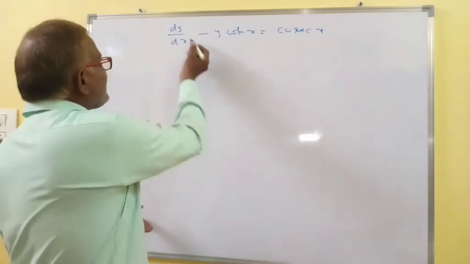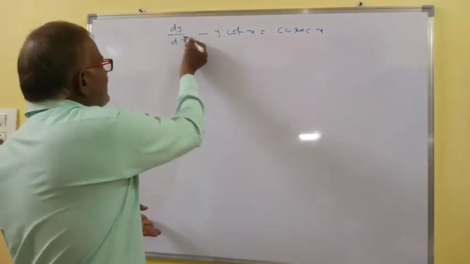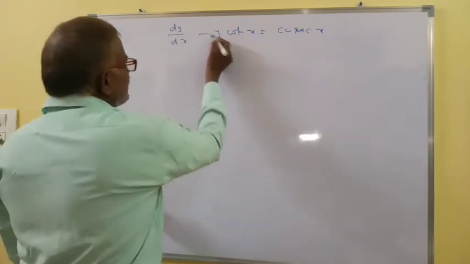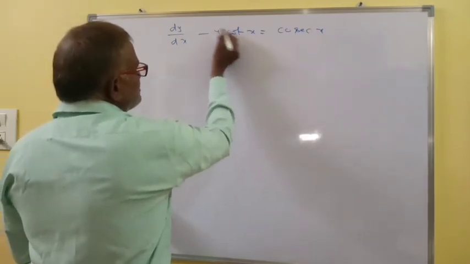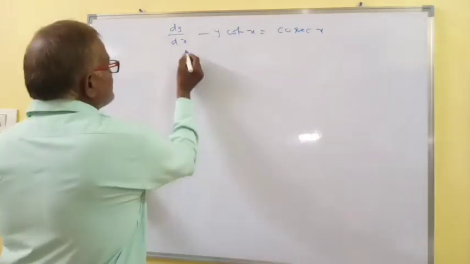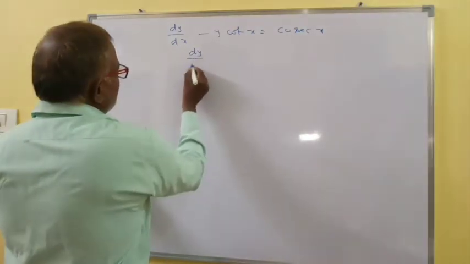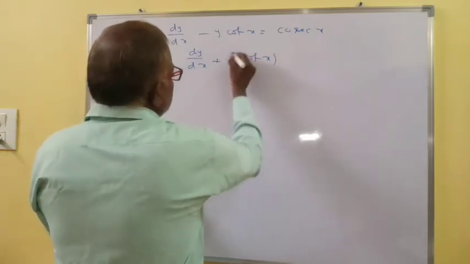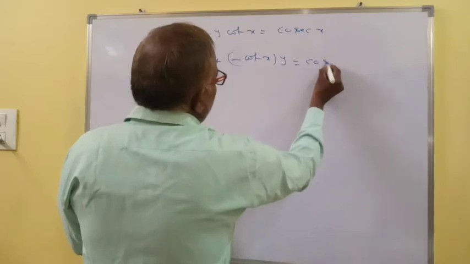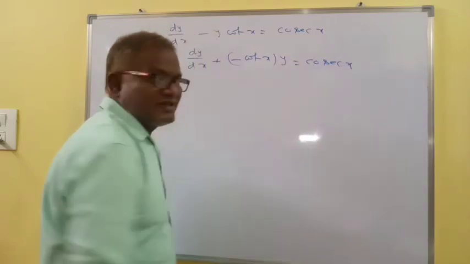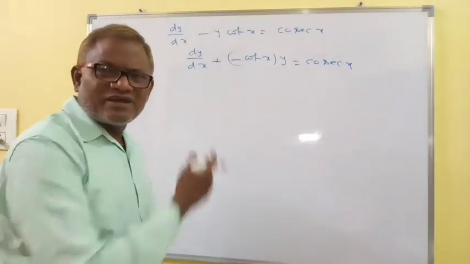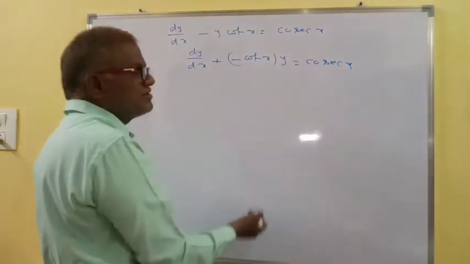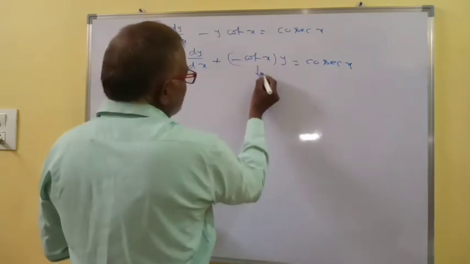Here clearly the given equation is directly expressed in the form of dy by dx plus Py is equal to Q. Here minus cot x is nothing but P, because you should write one more step like this. Clearly, by observing the given DE, we obtain dy by dx plus Py is equal to Q. So P is nothing but this one.